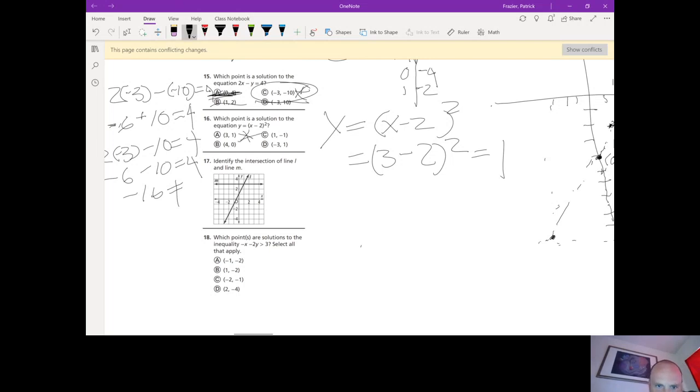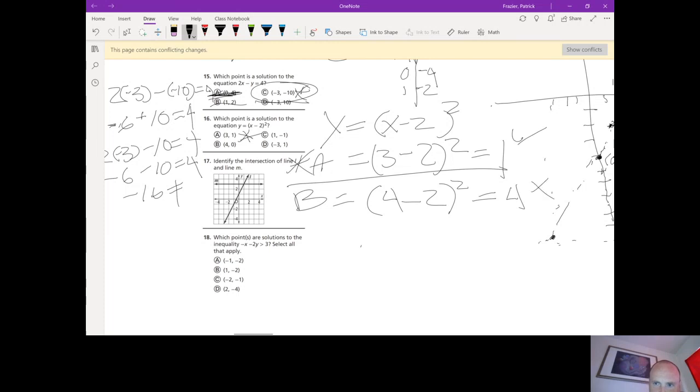A looks promising. What about B, if we have 4 minus 2 squared. 4 minus 2 is 2, and 2 squared equals 4. But we were supposed to get 0. See, last time we were supposed to get 1, and that worked.